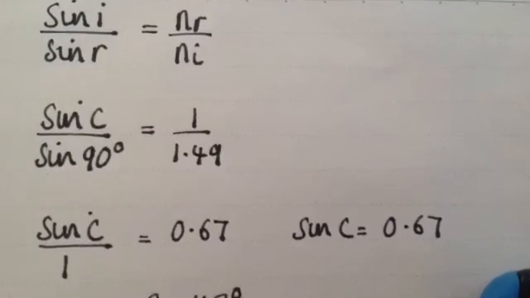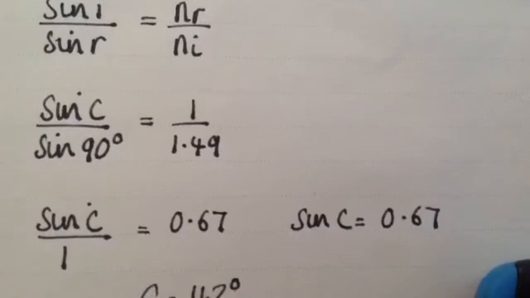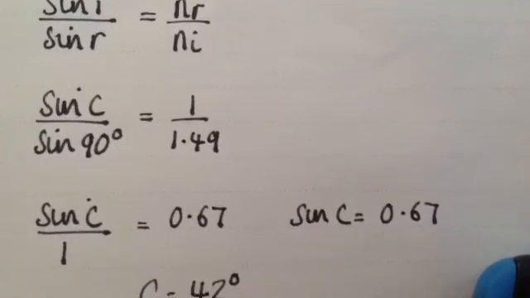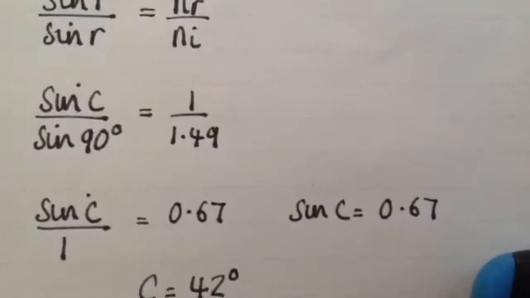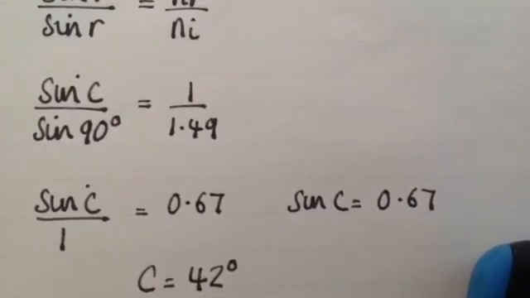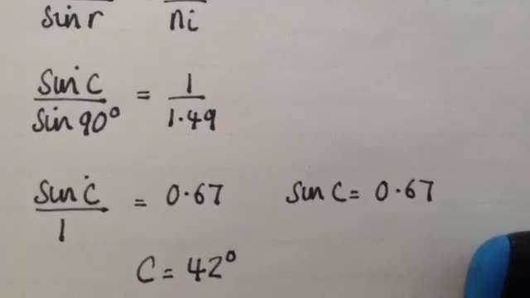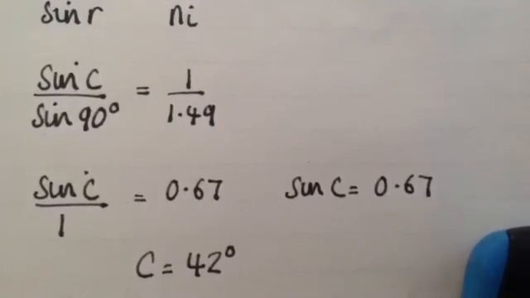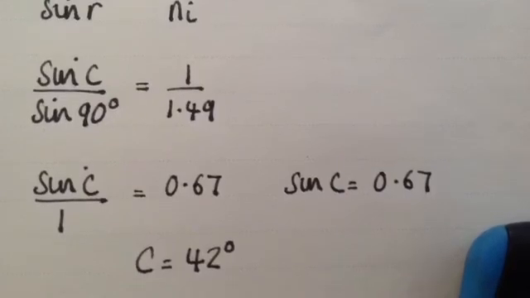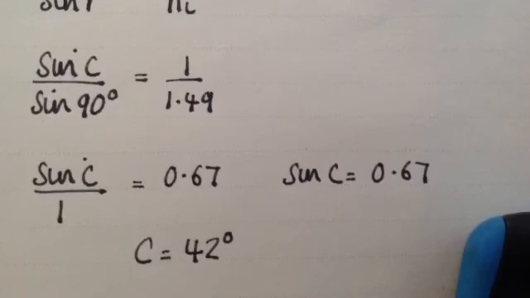So sin C divided by sin 90 is equal to 1 divided by 1.49 because we're still working with that same glass to air boundary. So sin C divided by 1 is equal to 1 over 1.49 because the sine of 90 comes to a nice handy 1. The sine of C then is 0.67, and if we inverse sine 0.67 we find C should be at 42 degrees.